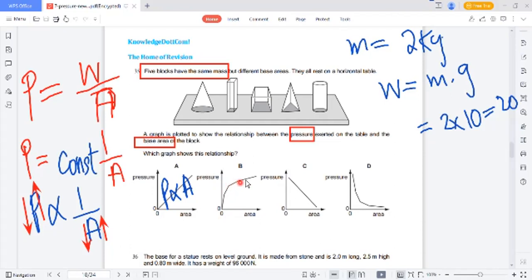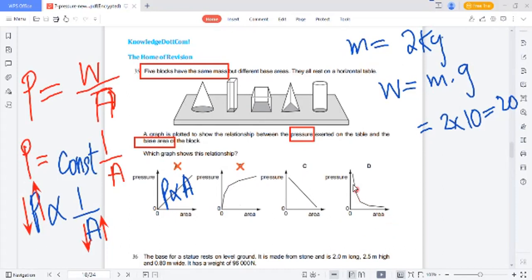So it means pressure and area have no relationship. It's a random graph, because you can see sometimes it is steeply increasing, then less steep, then normally, and then it is going in a random way. So this graph is also incorrect, because there is no proper relationship between pressure and area.